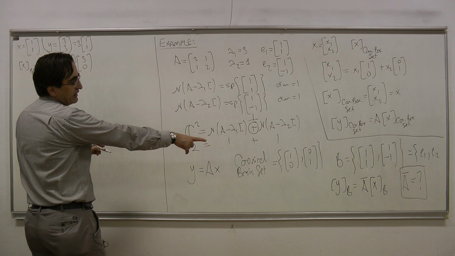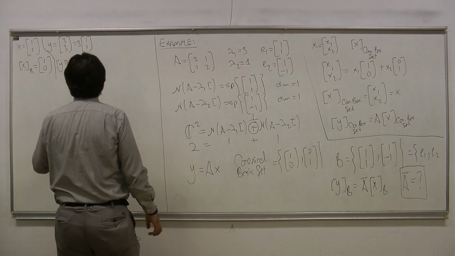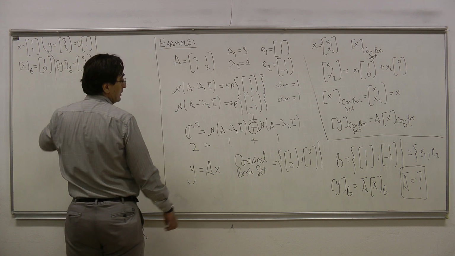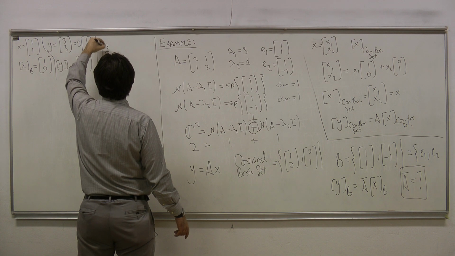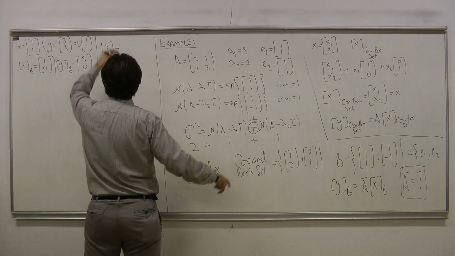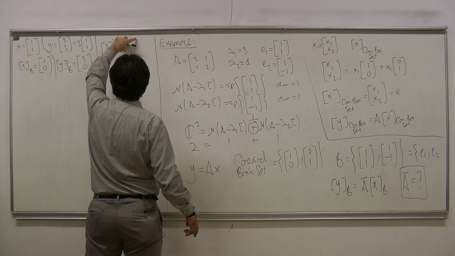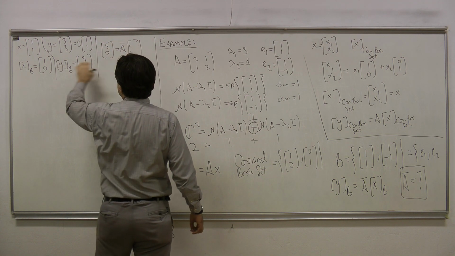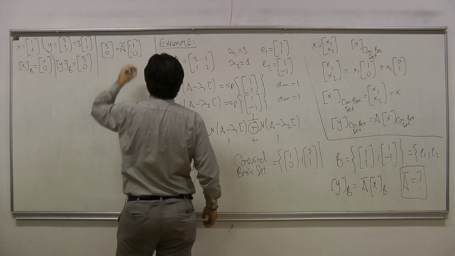Now, let us use that equation in order to be able to find the column of A bar corresponding to this. So y represented with respect to B is 3, 0. That is equal to A bar times x represented with respect to B. X represented with respect to B is 1, 0. Okay?